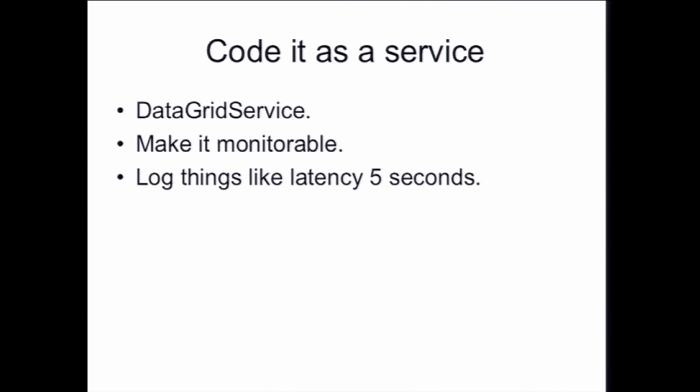You can also log things like when latency is higher than 5 seconds or 10 seconds, whatever it is. It's a good way of coding it. This is of course not related to a product, but it's a very good practice to separate the code and make it a service.